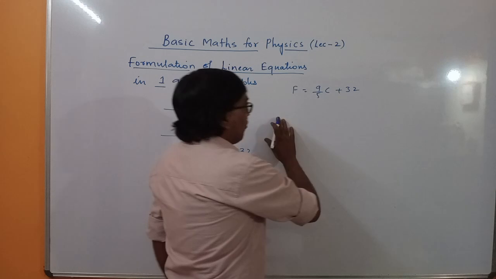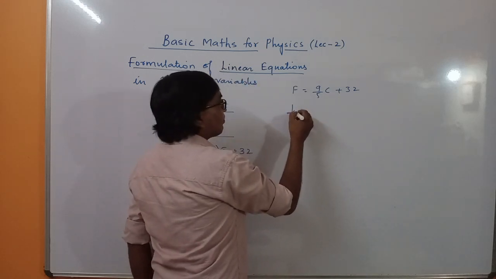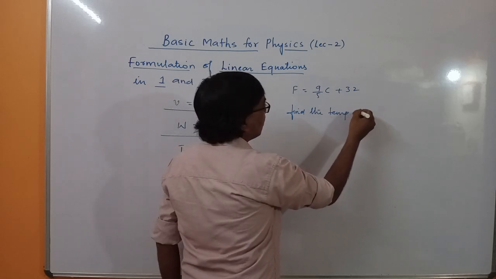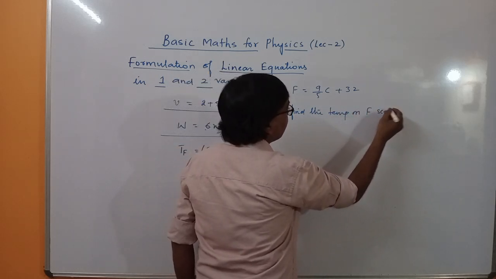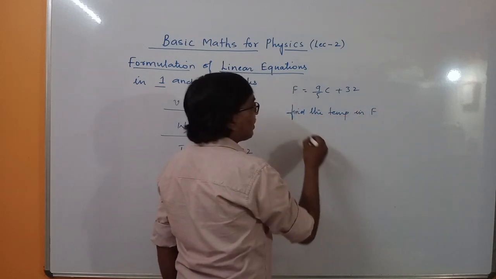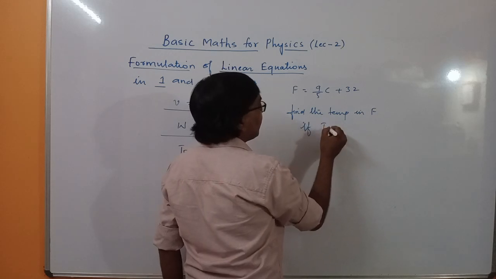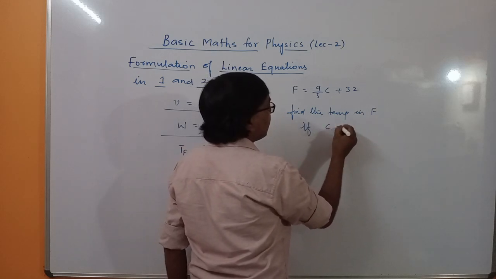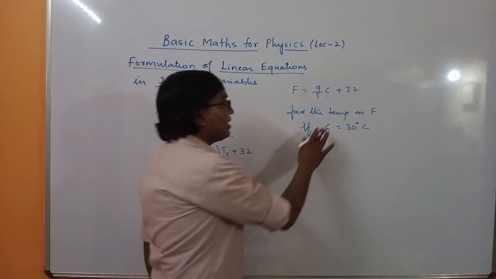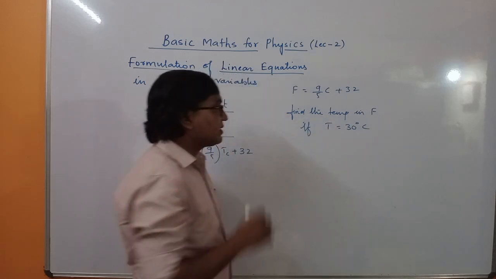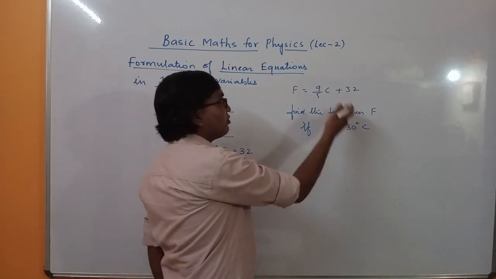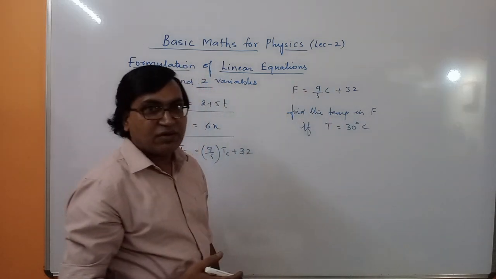Okay, so now find the temperature in Fahrenheit if the temperature on Celsius scale is 30 degrees Celsius. So what will be the temperature on Fahrenheit scale? Just put this value here and you will get the temperature on Fahrenheit scale.